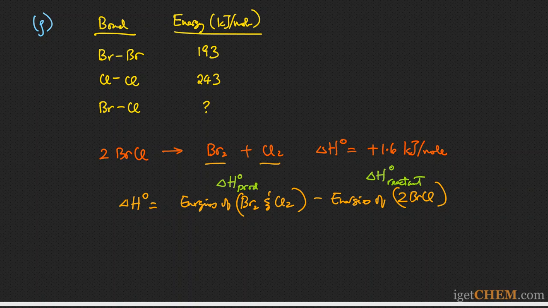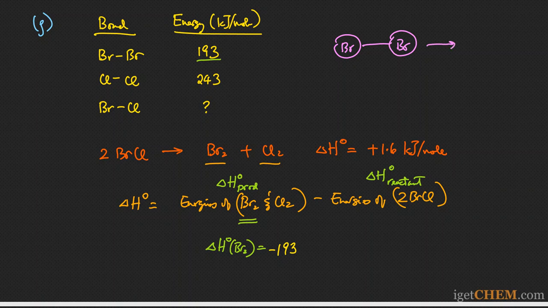So using the bond energies that are given, we can figure out what each of these are. So first of all, for Br2, the bond energy is 193. So the delta H of forming a Br2, delta H0 of Br2, is equal to 193, except it is actually negative 193. The reason is these bond energies are listed for the energy that is needed to break a Br-Br bond.